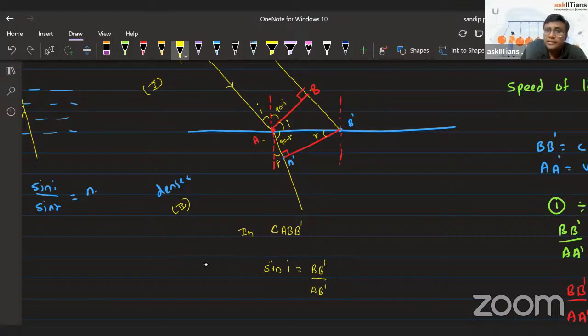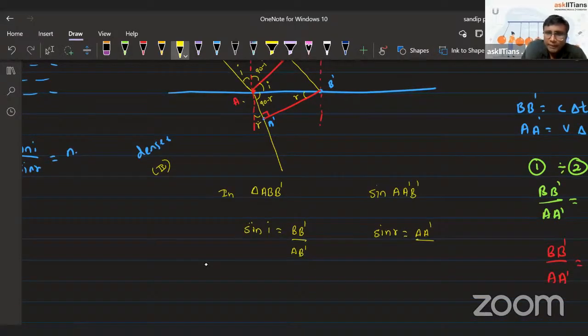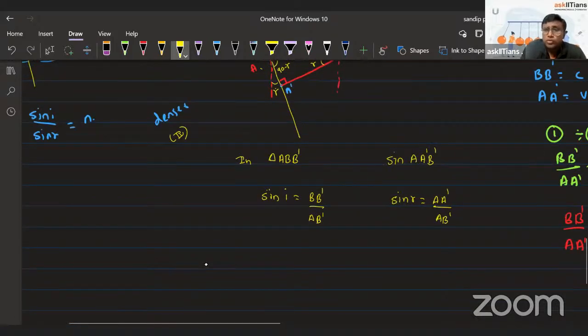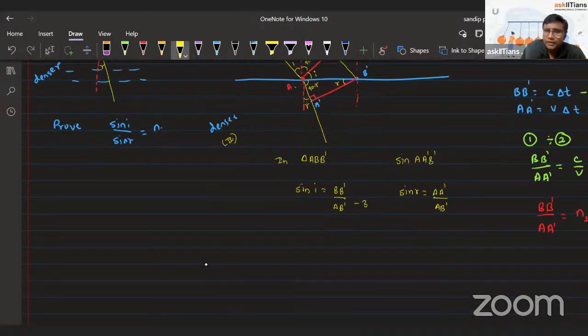Consider another triangle, AA dash B dash. In that I can say sine R is equal to opposite, which is AA dash, upon again AB dash. So let's call this equation number 3 and this equation number 4.